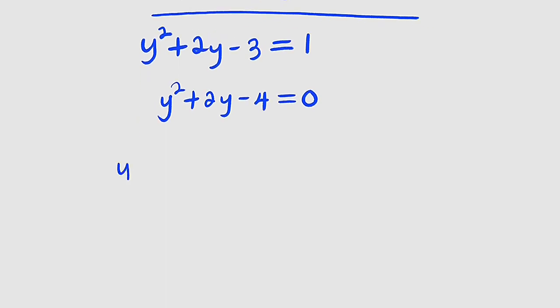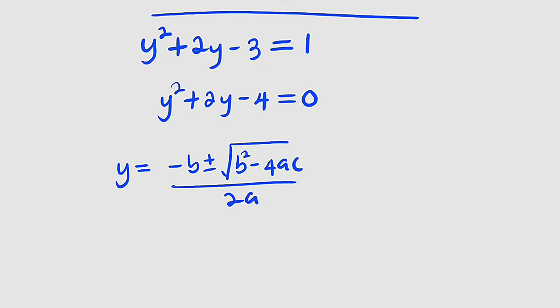So y will be equal to minus b plus or minus the square root of b squared minus 4ac, divided by 2a. Let me write the data aside. a is the leading coefficient, which is 1. b is the coefficient of the middle term, which is 2. And c is the constant, which is -4.